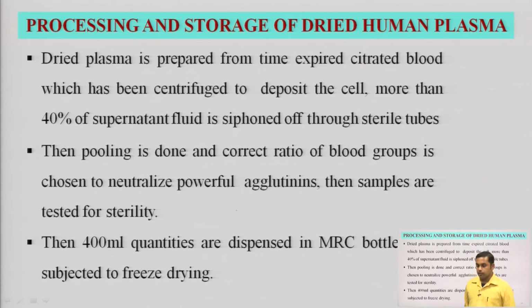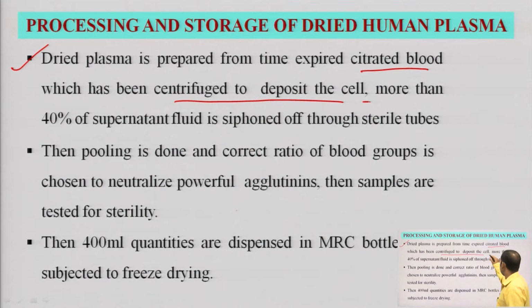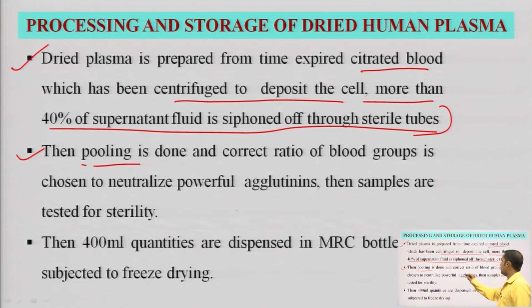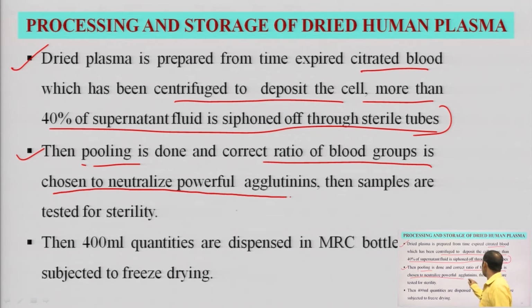So, how can you process and store the dried human plasma? Dried plasma is prepared from time-expired circulated blood, which has been centrifuged to deposit the cells. More than 40% of the supernatant fluid is siphoned off through a sterile tube, and after that pooling is done, and then the correct ratio of blood groups is chosen to neutralize the powerful agglutinogen.